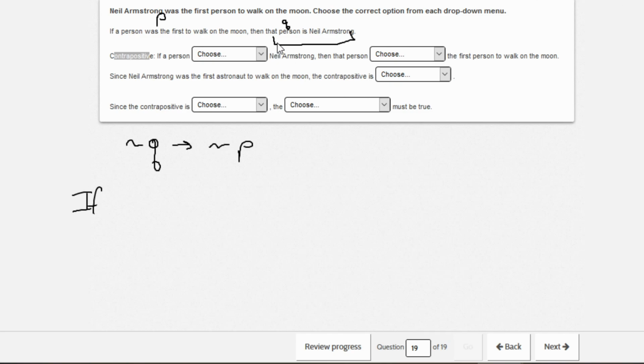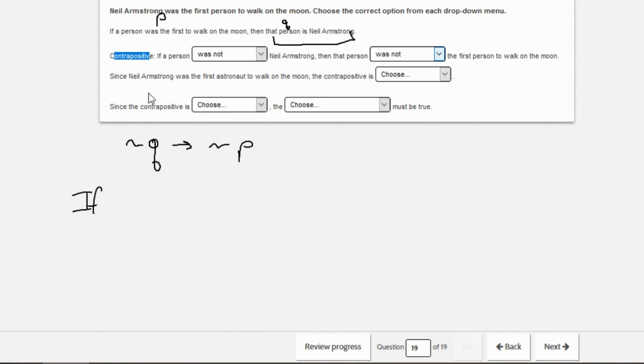So if my Q is that person is Neil Armstrong, the contrapositive would put this first and say if a person, and I have to negate it because I have not Q, was not Neil Armstrong, then that person, if a person was the first, would be was not the first person to walk on the moon.